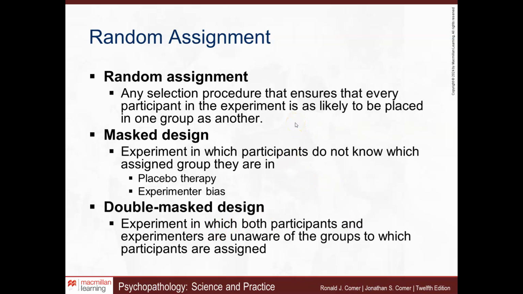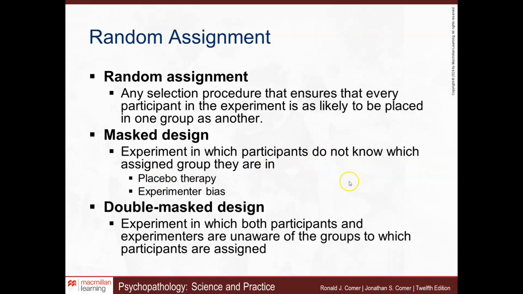So we discussed that random assignment ensures that every participant in the experiment is as likely to be placed in one group as another. Masked design is an experiment in which the participants do not know which group they are assigned to.